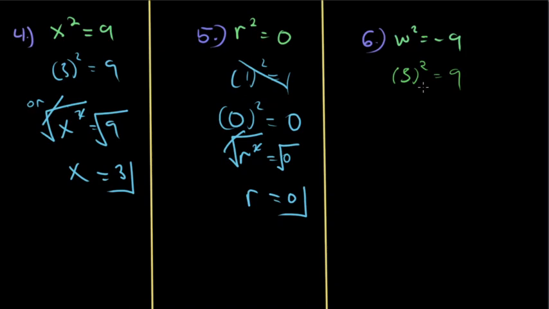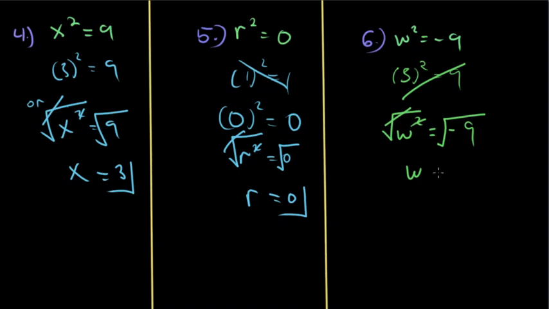Wala tayong maisip na ibang number. Try na natin gamitin yung algebra. W squared equals negative 9. Let's extract the square root. Para sa both sides, mawawala yan.